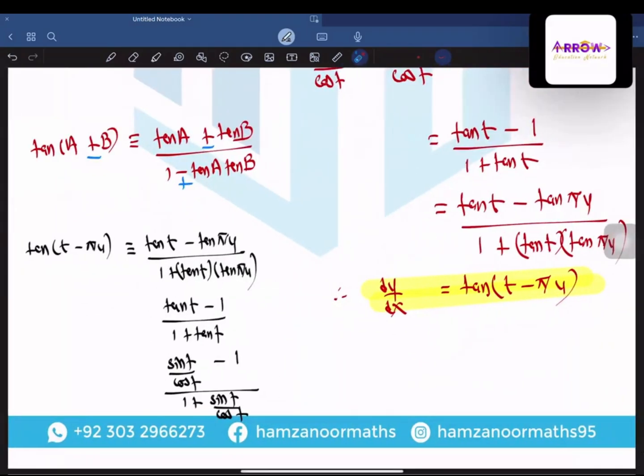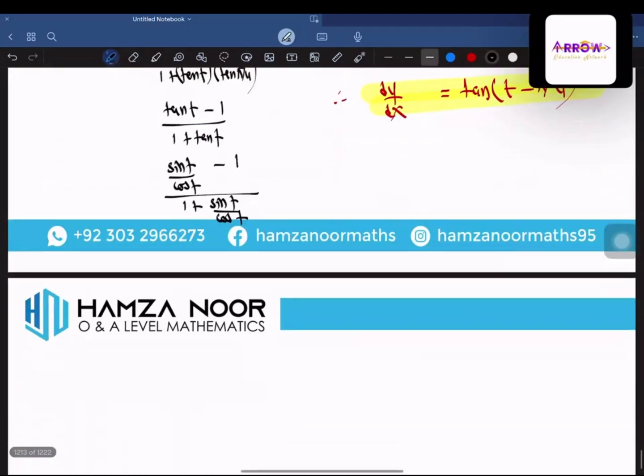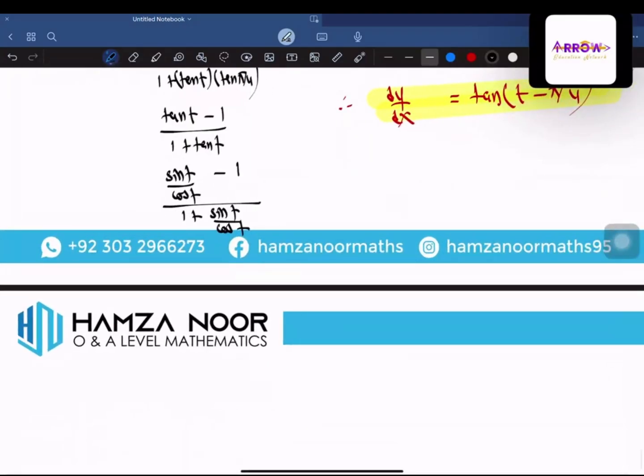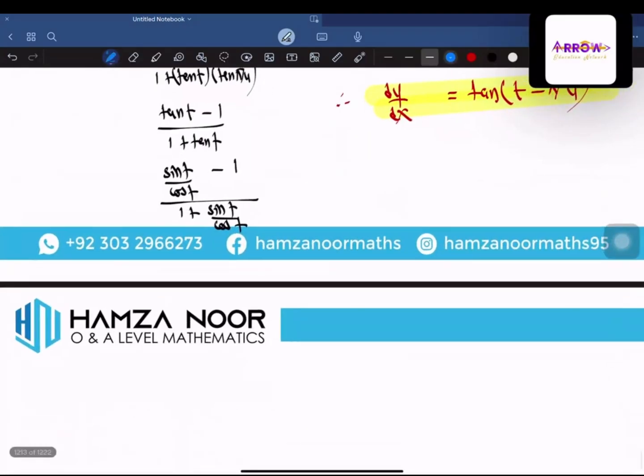If it does not click with the first approach which I've mentioned, you need to understand the first approach very well. So if you just do the simplification, I'll bring it on the next page. I'll take the LCM. The LCM in the numerator will be cos t, and cos t into 1 is cos t, so sine t as it is, and then minus cos t.